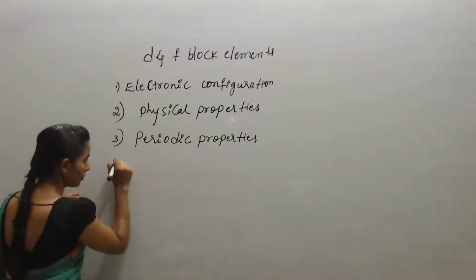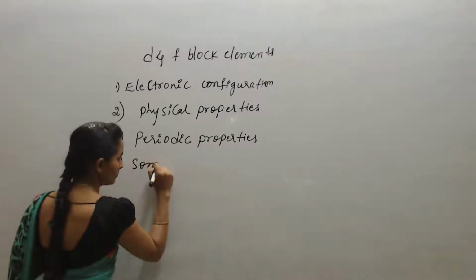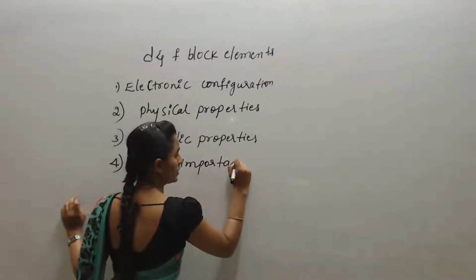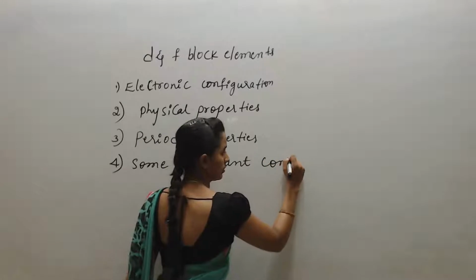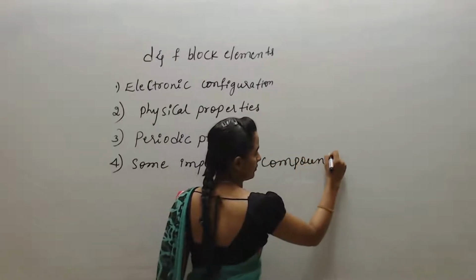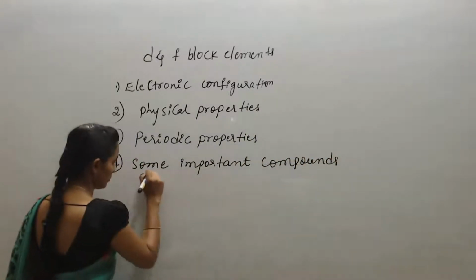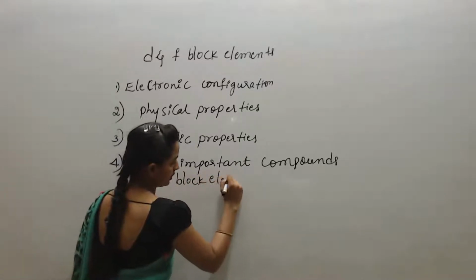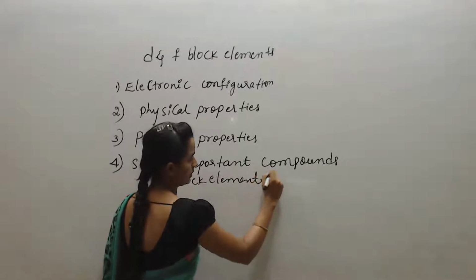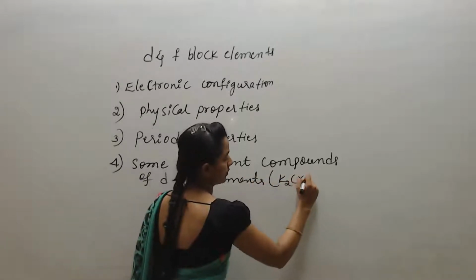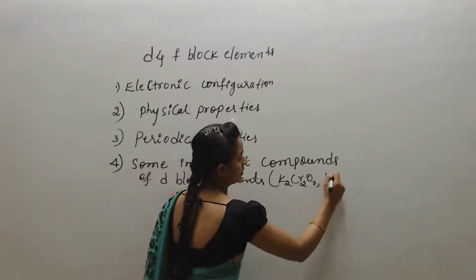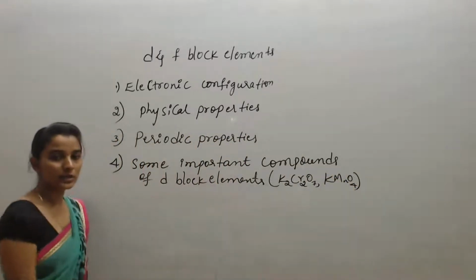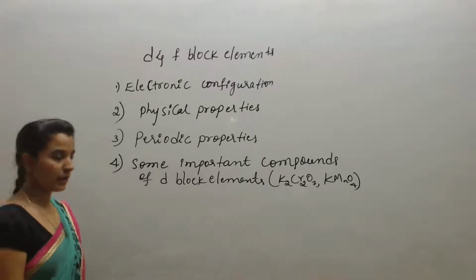Next, the fourth one is some important compounds of D block elements, especially K2Cr2O7 and KMnO4.